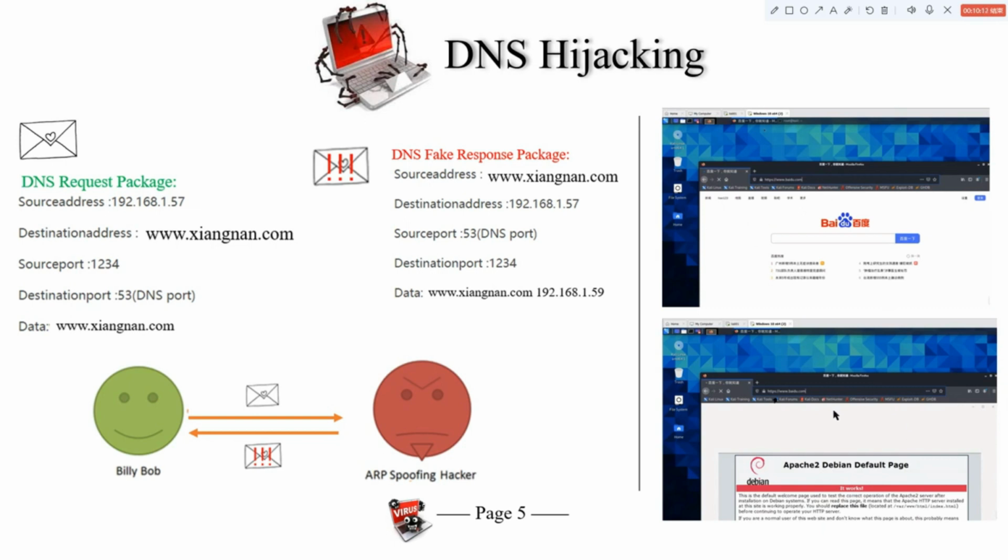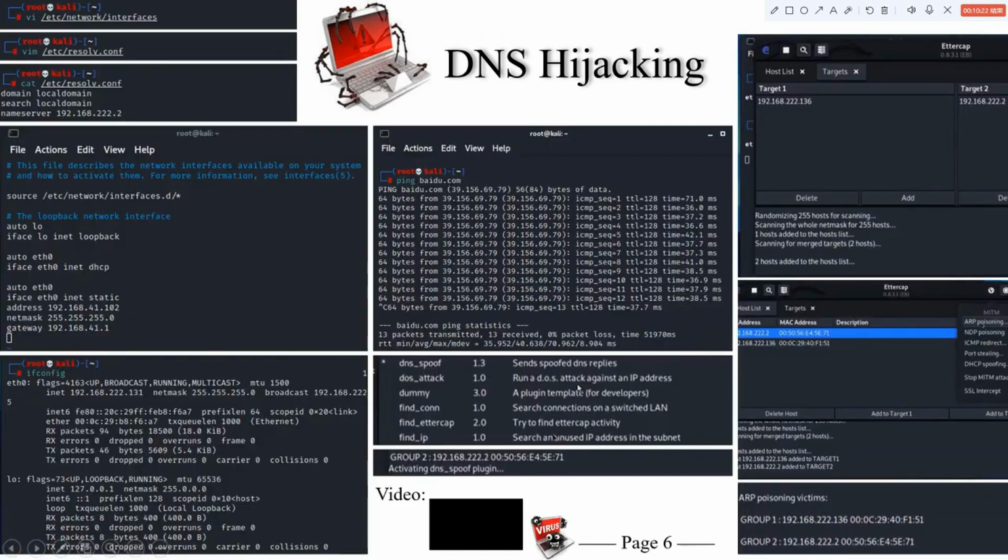I didn't make these two pages look similar because I wanted to show you the difference. And here is the process of ARP poisoning and DNS hijacking on the virtual machine. Now I want to show you the video of that.